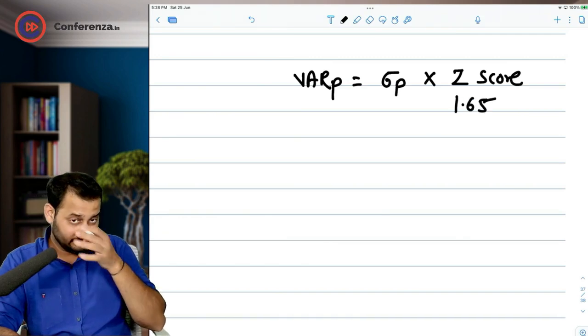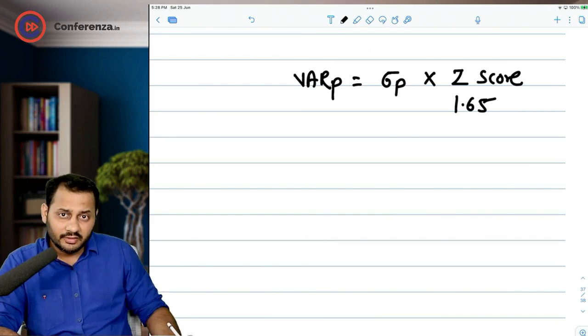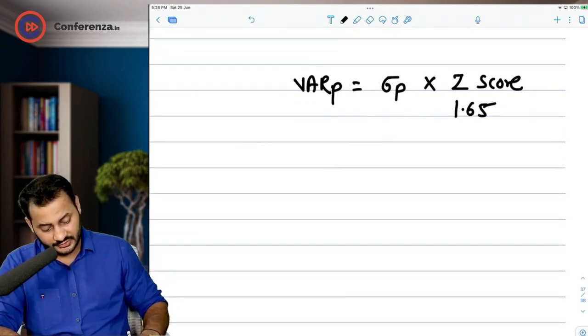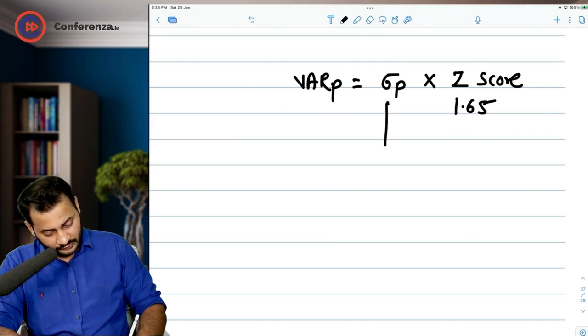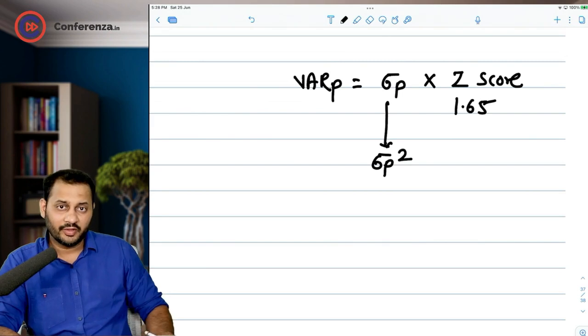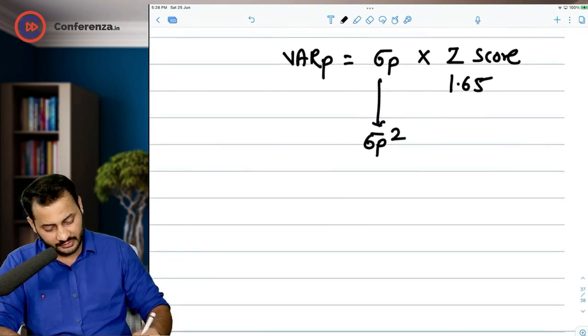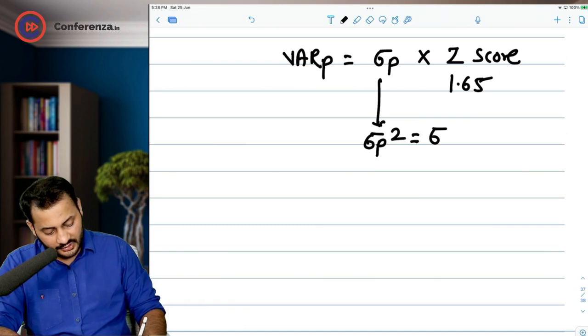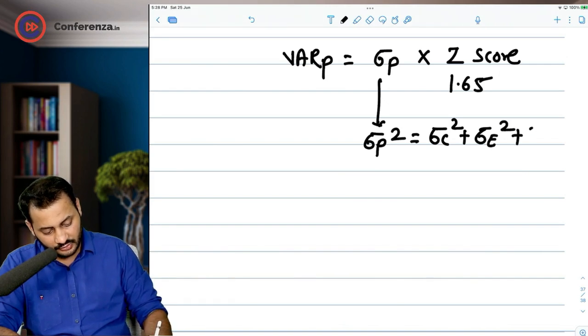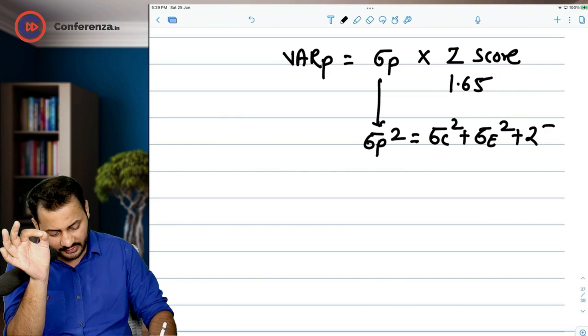We can calculate the standard deviation of the portfolio; for that we will need the variance, the standard deviation of the portfolio squared. The variance can be calculated with this formula. Have a look: standard deviation of the Canadian dollar squared plus standard deviation of the euro squared plus 2 into standard deviation of the Canadian dollar into standard deviation of the euro.